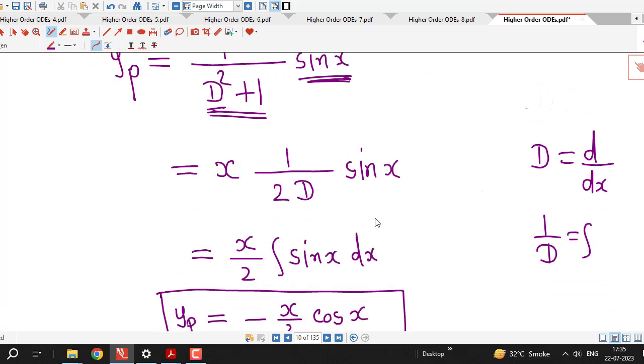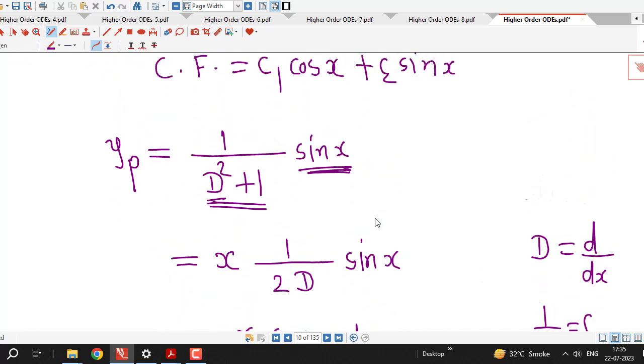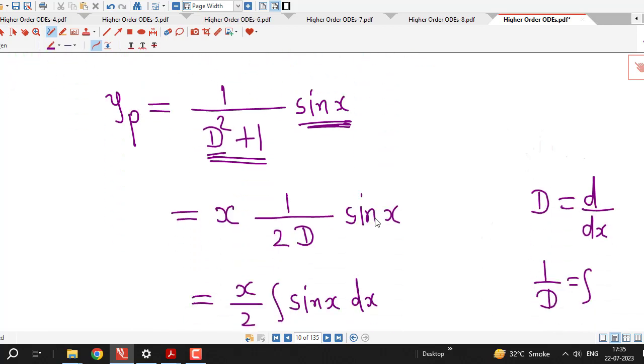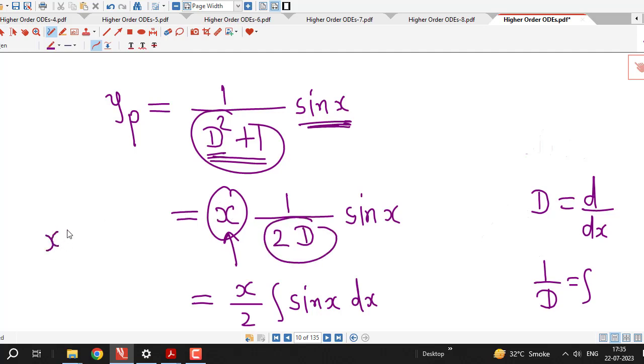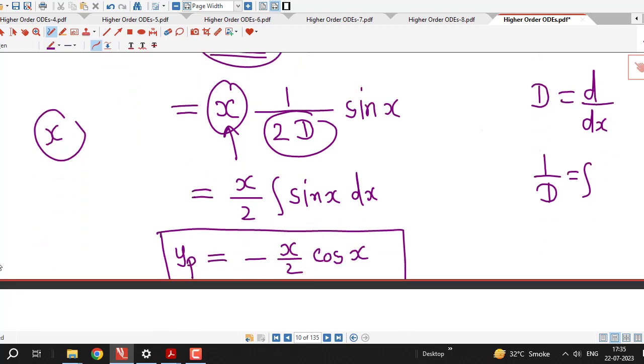We have to simply replace D squared by minus alpha squared, and if f of D becomes 0, we have to differentiate with respect to D, and the number of times we differentiate, we have to multiply by that power of x. Here we are differentiating a single time, therefore we are multiplying by x, and we have yp equal to minus x cos x by 2.